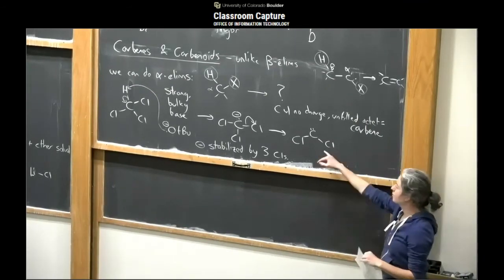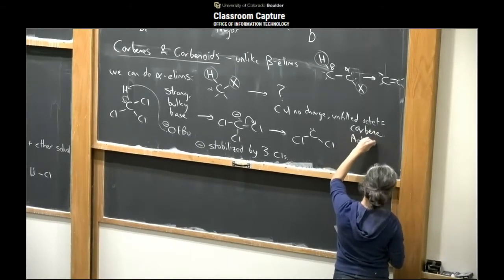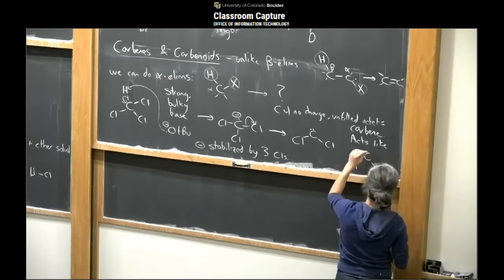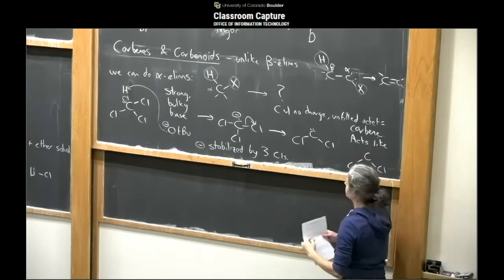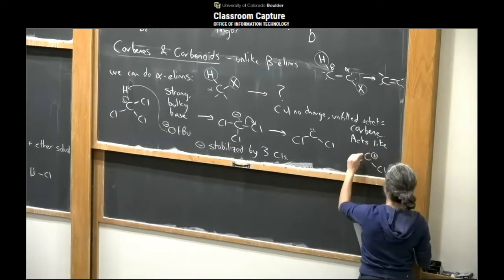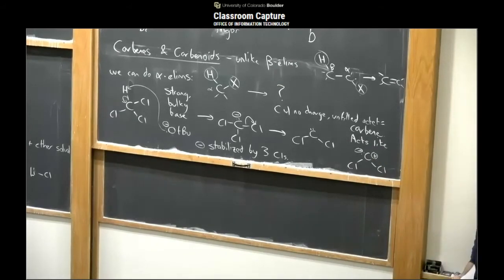You can almost think of it as a carbon with a positive charge, because it just lost some electron density and has an unfilled octet, and a carbon with a negative charge because of its lone pair at the same time.